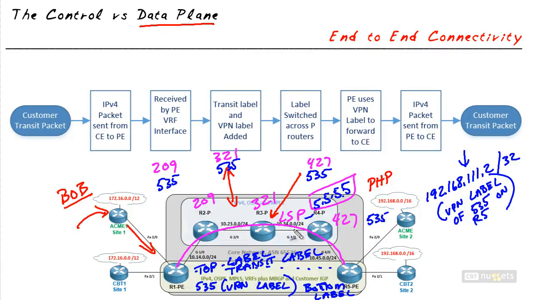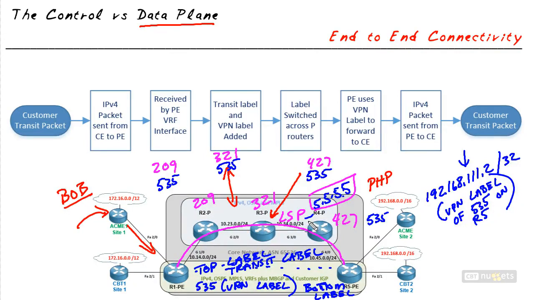Another really cool feature about having this label switch path where our core routers only care about that top transit label is that we could tunnel all kinds of stuff across this IPv4 network because the core routers aren't looking any deeper than the top label.